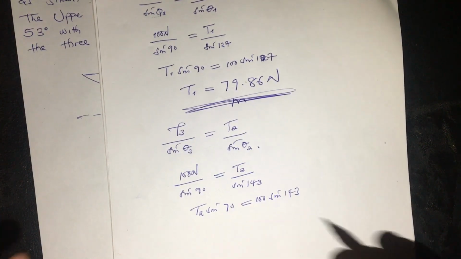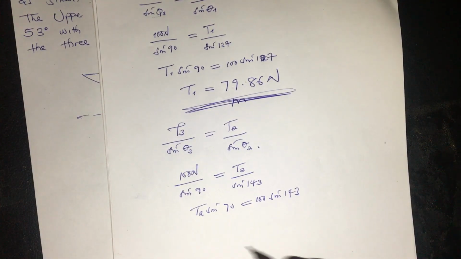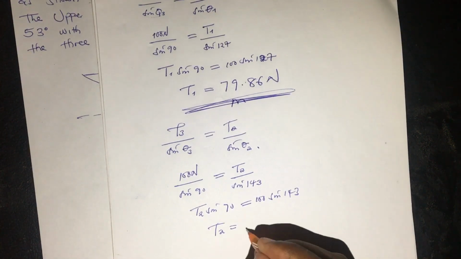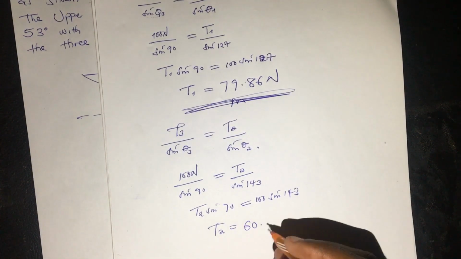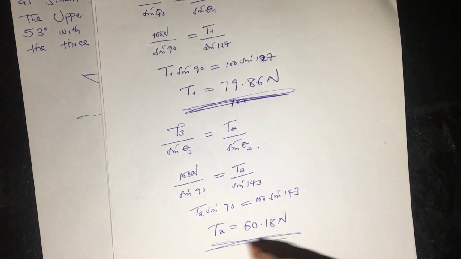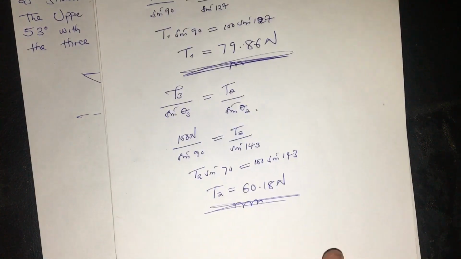We know that sine 90 is 1, so T2 is equal to 100 sine 143. 100 sine 143 is going to give you 60.18 newtons.